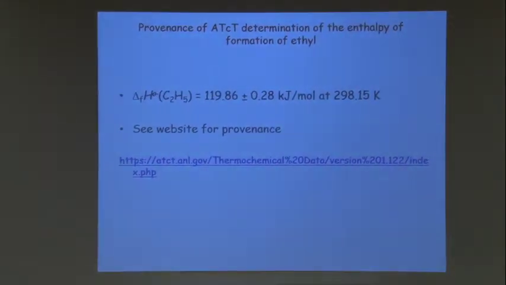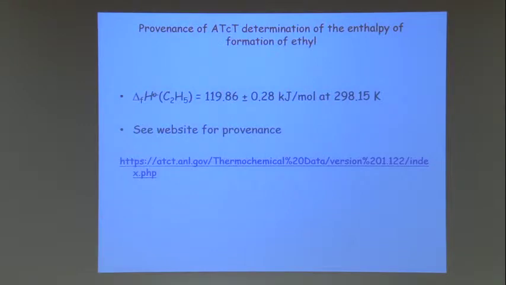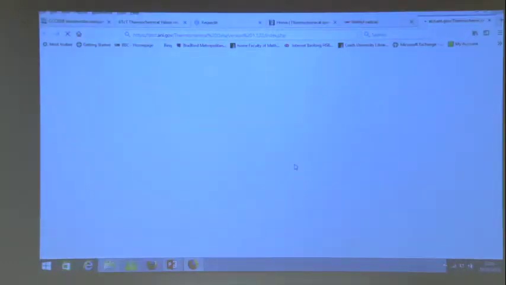And here's ethyl, again, really quite accurately determined. Now not as good as the methyl, but it's better than 1/3 of a kilojoule per mole. And let's have a look at this website here.